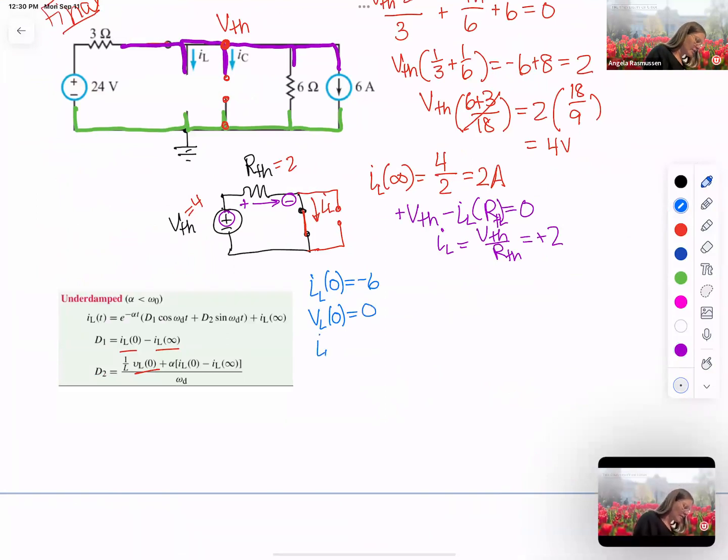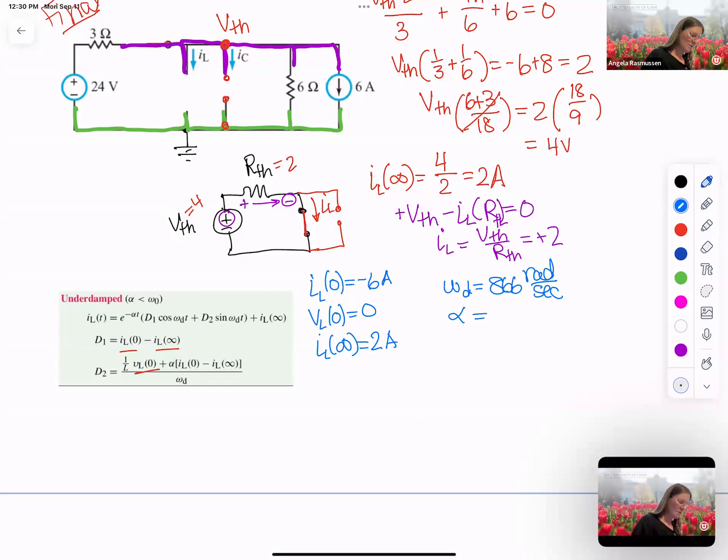And IL of infinity is 2. These are in amps. And so my WD I found above was 866 radians per second. Alpha was 500 nepers per second. And omega naught was 1,000 radians per second.